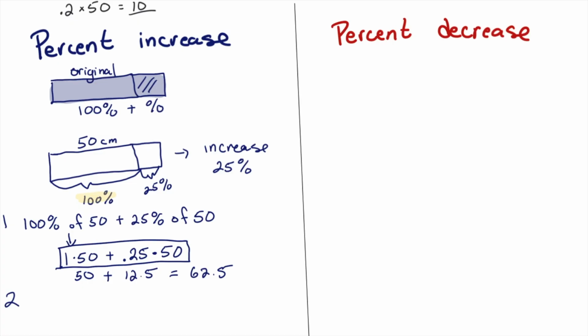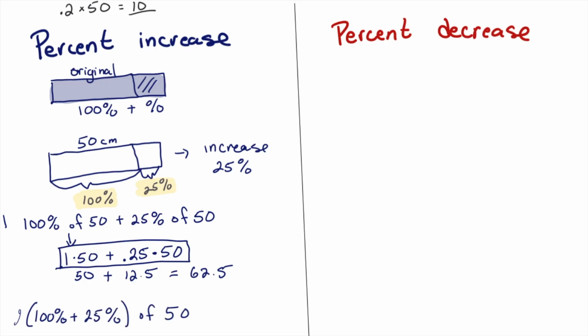The second equation is just looking at, I'm going to deal with the percentages first, so I'm going to find the percent of the original. So I started off with 100%, and then I added to that 25%. And so I want this percentage of 50.